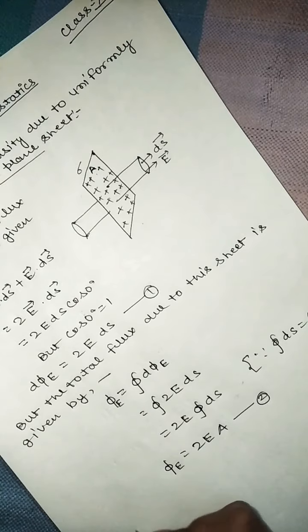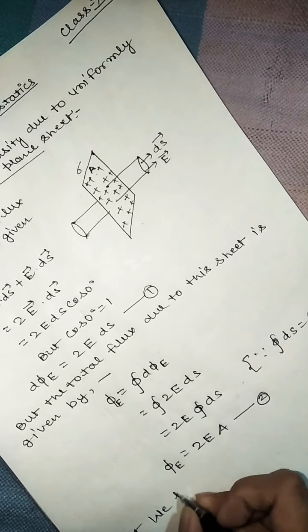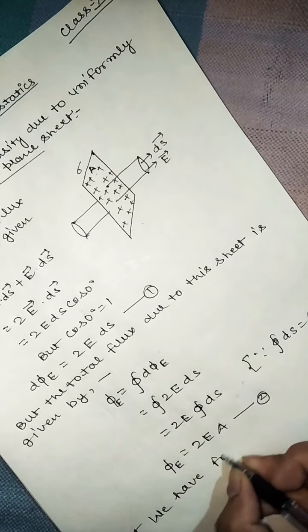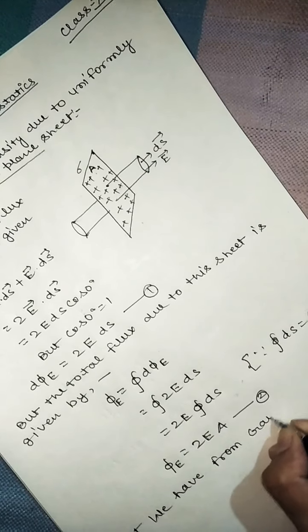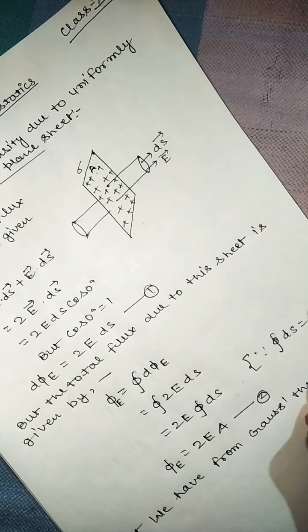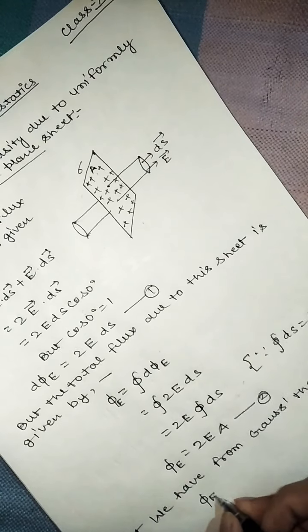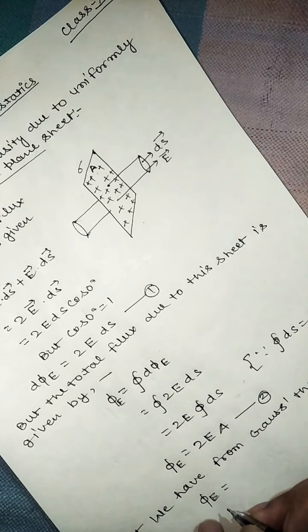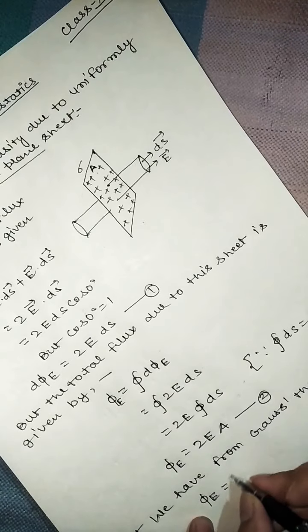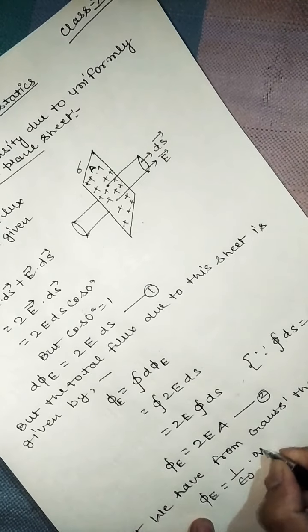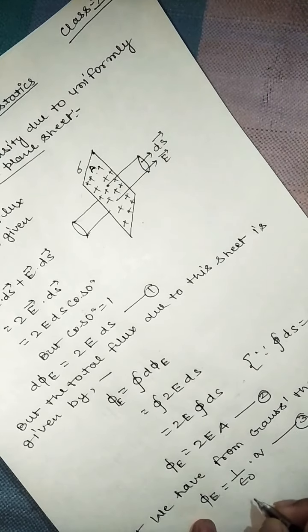But from Gauss theorem, do we remember Gauss theorem? What does Gauss theorem say? It says that the total number of electric field lines passing through a closed surface is 1 upon epsilon naught times the total charge enclosed by that surface.